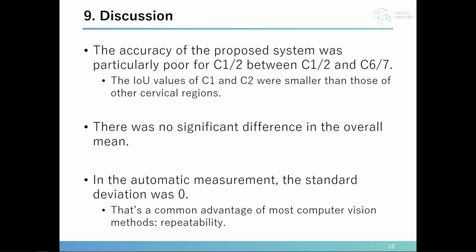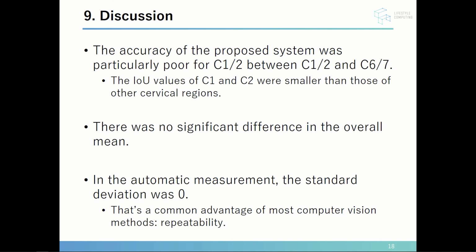The experimental results show that the accuracy of the proposed system was particularly poor for C12 and between C12 and C67. I think that the IOU value of C1 and C2 was smaller than those of other cervical spine regions. This fact is related, I thought. We performed a two-sided t-test at the 5% level of significance to see if this was statistically significant.